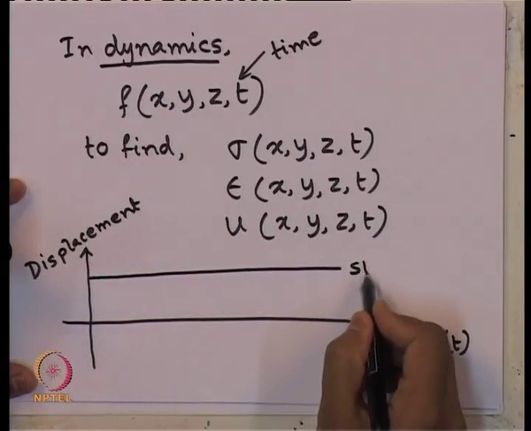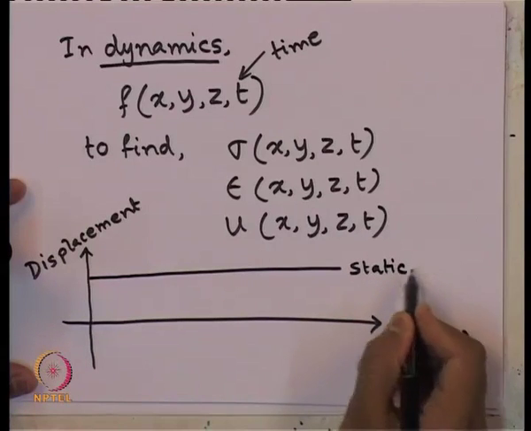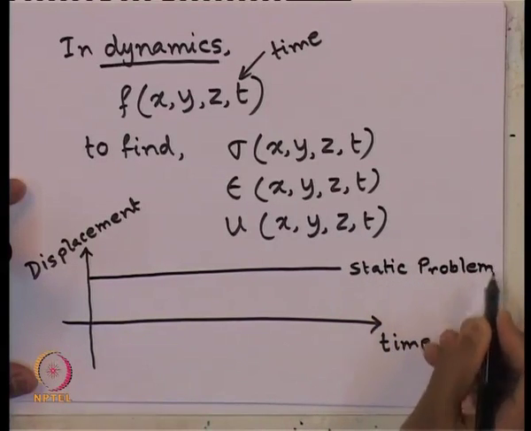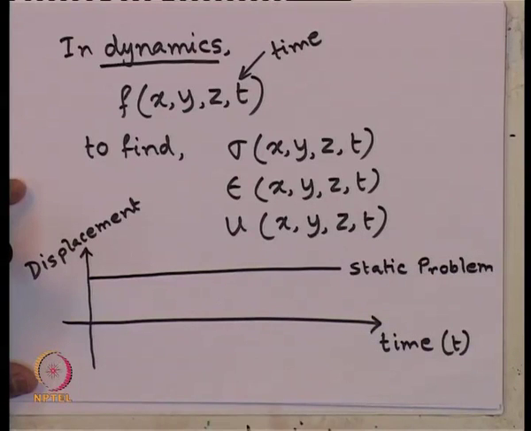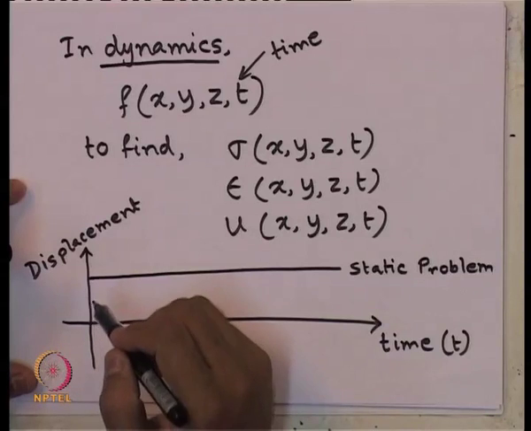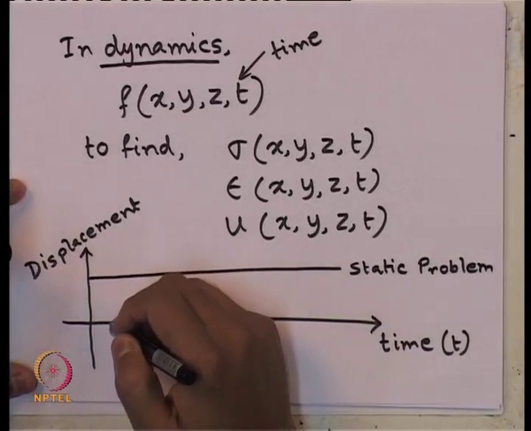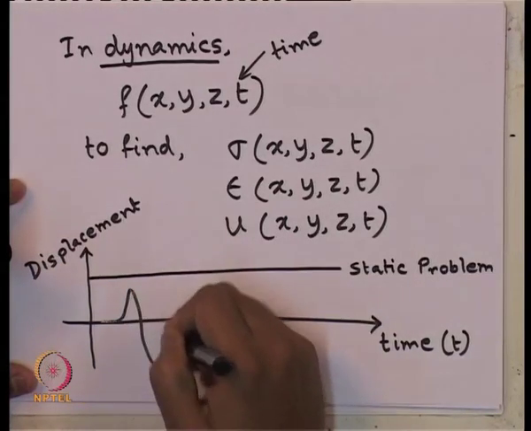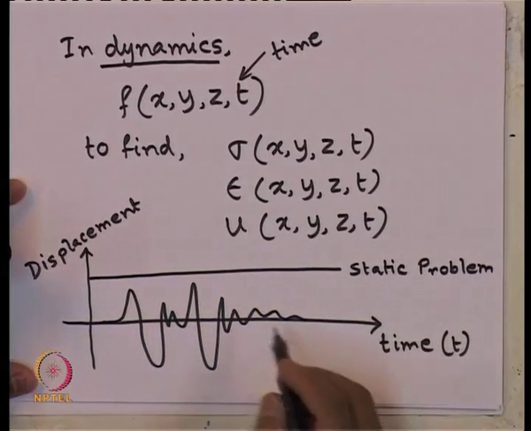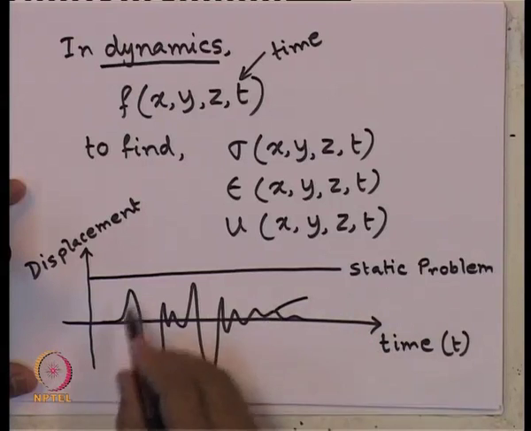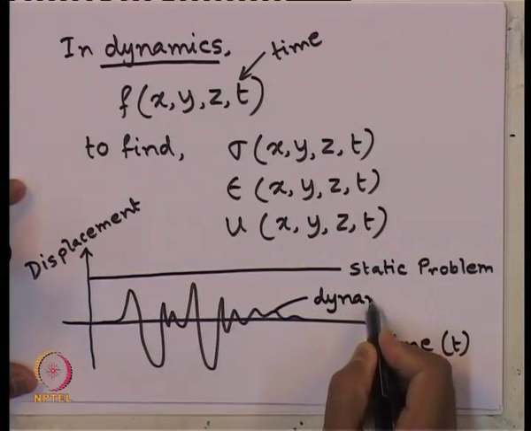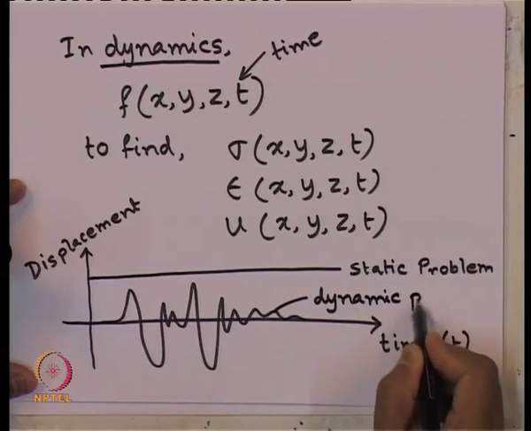So, this is the static problem. However, in case of a dynamic problem, it will be a function of time. So, this is some variation with respect to time that we will observe in case of a dynamic problem.